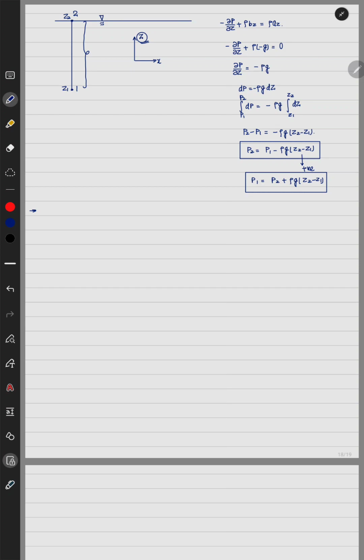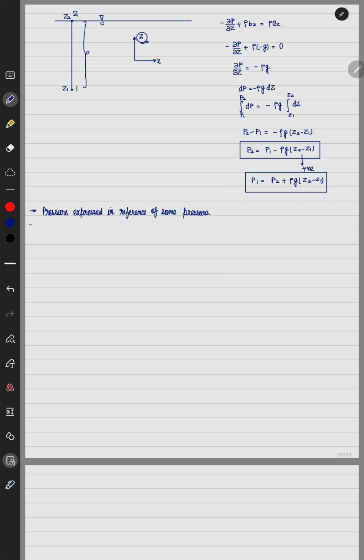Pressure is expressed in reference of some pressure. This is the first point.